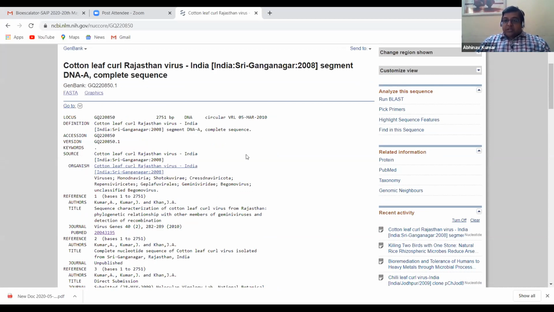This is a whole genome sequence of a virus which infects cotton in natural conditions. I collected the samples from Sri Ganganagar district of Rajasthan and went for whole genome sequencing. By that time, it was really difficult to use PCR to amplify this 3 kb or 4 kb whole genome size. So I used some novel methods, and that paper was published in 2010.